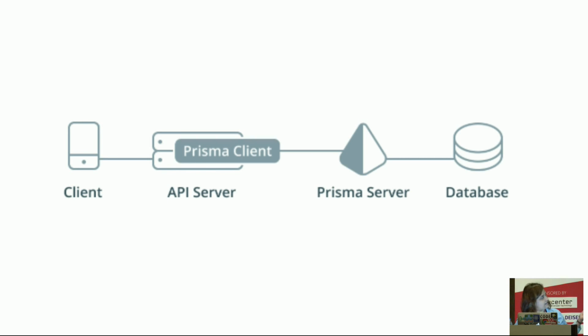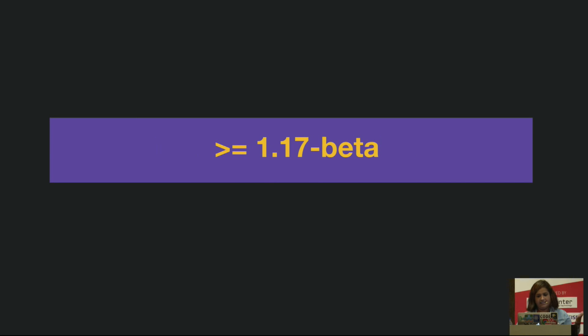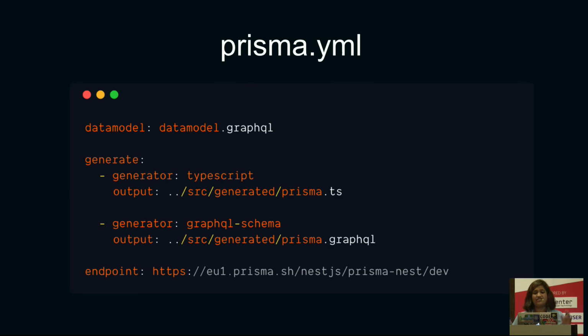So this is the architecture, and now the step is, how do we generate your client? That means your type files and schemas. As said, it is 1.17 beta, and it still uses the Prisma CLI. So you say npm run prisma generate, and it generates the 2 files for you, the type files. It reads the prisma.yml file.